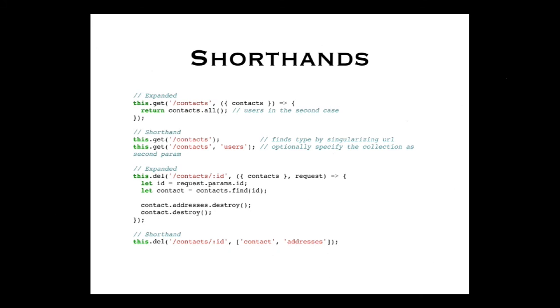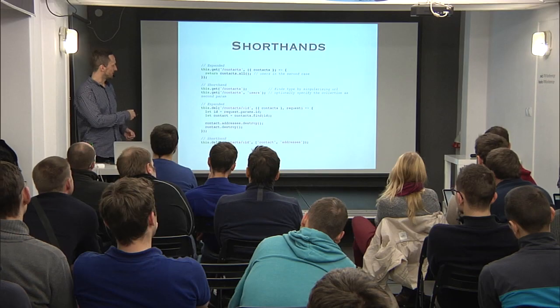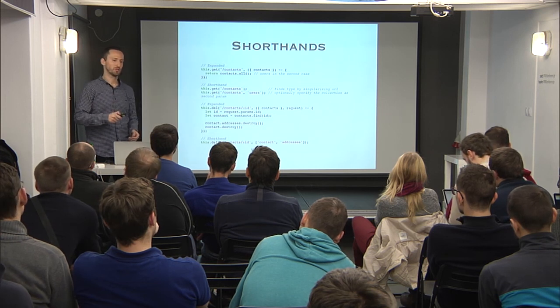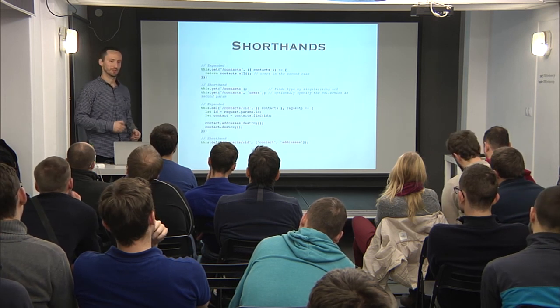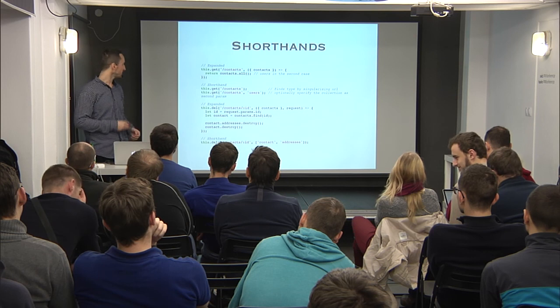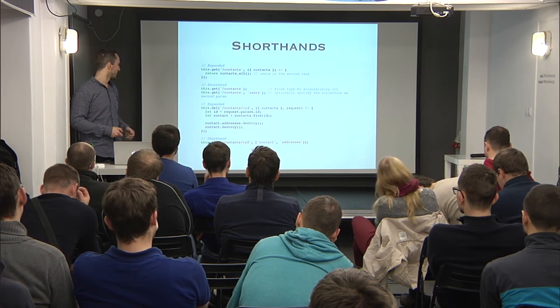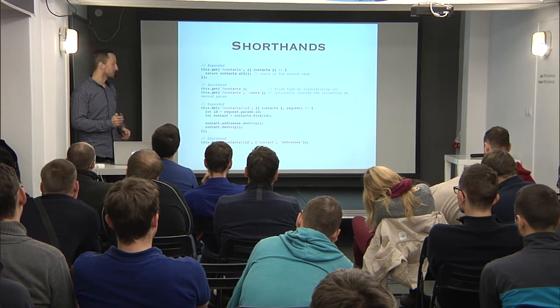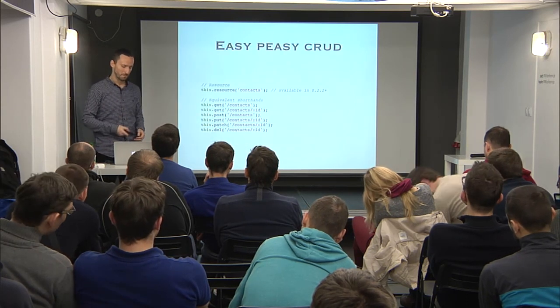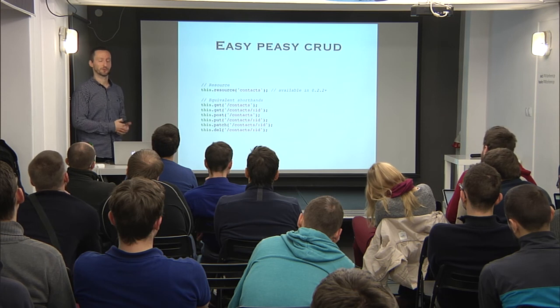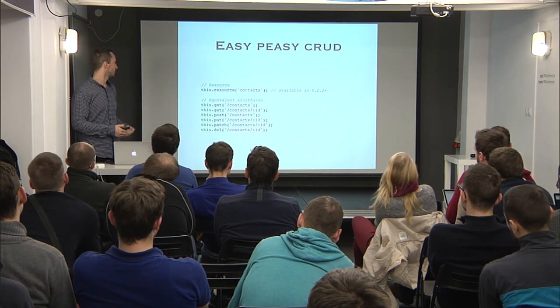But for the shorthand, it's just one line, and you just pass an array of the names of which associations should be destroyed along with the object. So again, pretty nice abstraction, and you just need to write one line. But it gets better. If you have CRUD, you just need to write one line.